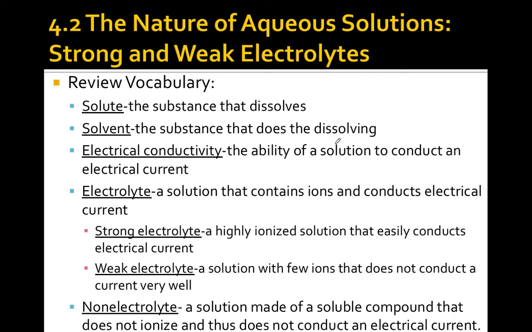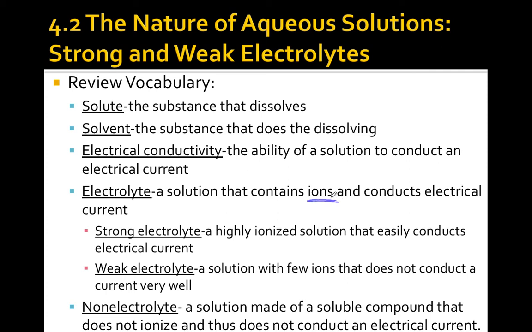We also briefly mentioned solutions that can conduct electricity. So electrical conductivity is the ability of a solution to conduct an electric current. And then we talked about that there's electrolytes and there's non-electrolytes. So an electrolyte is a solution that contains ions. Those ions are the electrolytes.